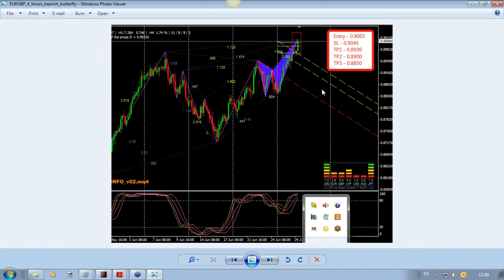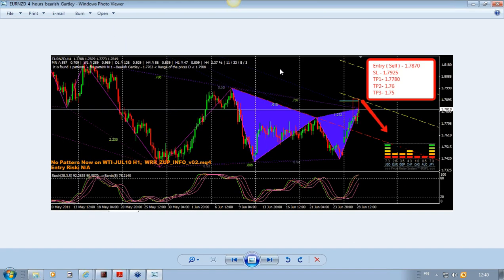Also, euro British pound reached the entry. This is the bat, one of the most reliable patterns. It began to go in this range, went down but then up again, and on the very news day it failed the trade.